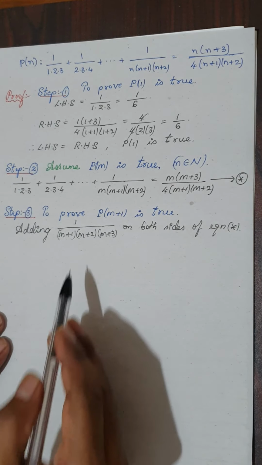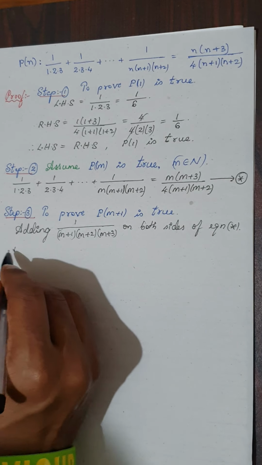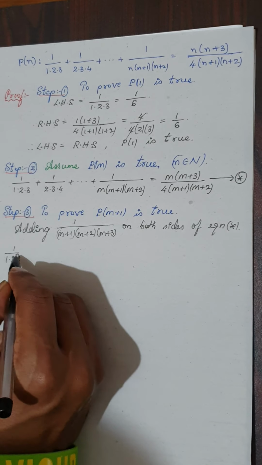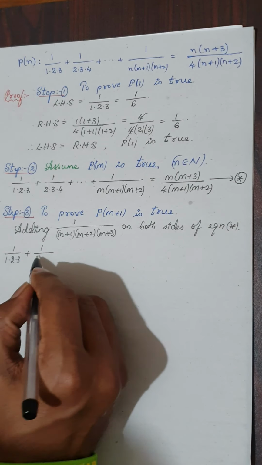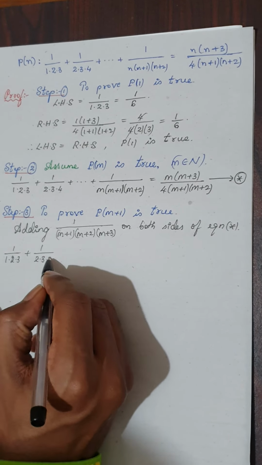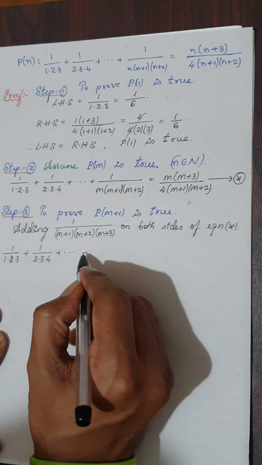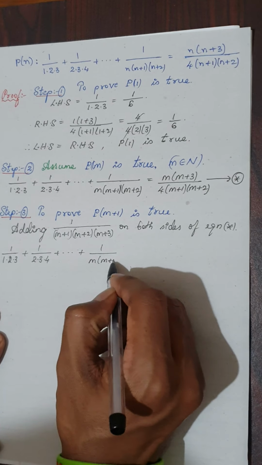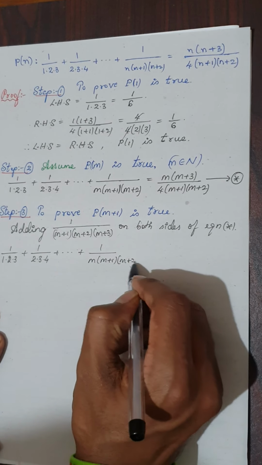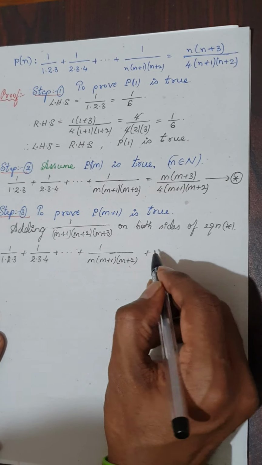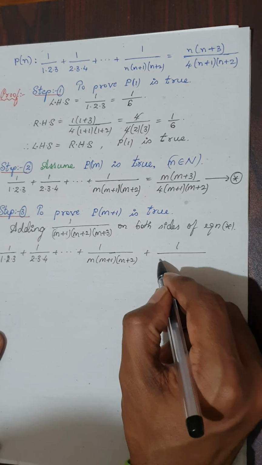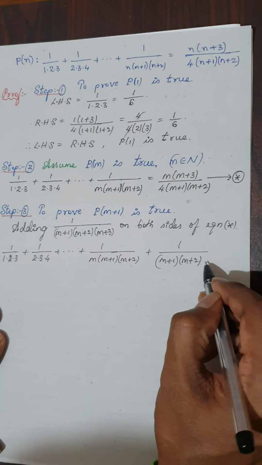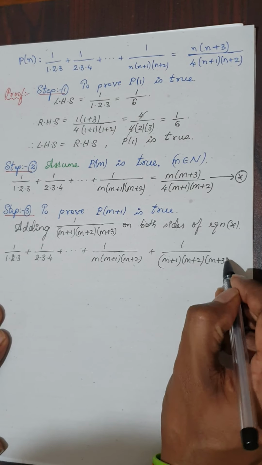Once we know what term we are going to add, let us start the simplification. It is 1 divided by 1 into 2 into 3 plus 1 divided by 2 into 3 into 4, going on up to 1 divided by m into m plus 1 into m plus 2, isn't it? To this I'm going to add the next term, which is 1 divided by m plus 1 into m plus 2 into m plus 3.